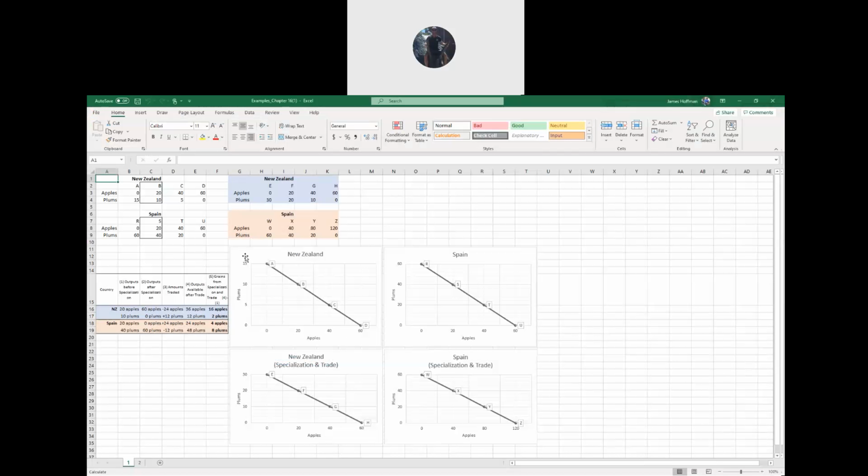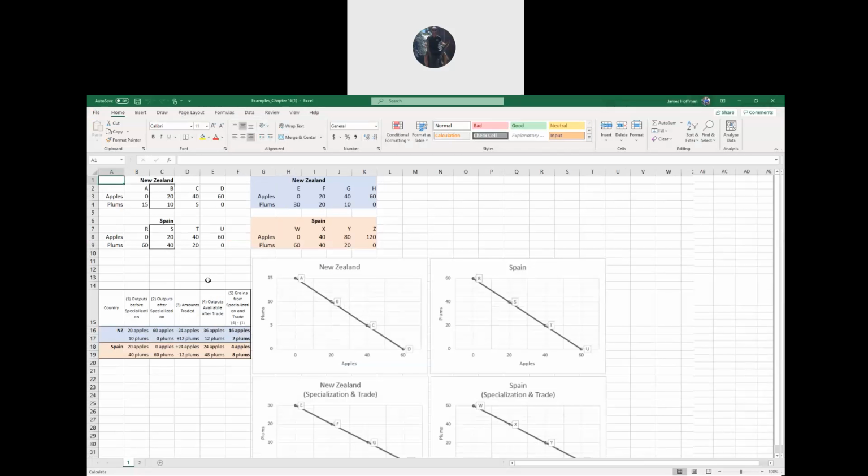Okay, so here's for question 1. All right, this is on Blackboard. Okay, so all I did here, if you want to do this in Excel, you can use this. I just put them in like this. So here's points A, B, C, and D for New Zealand. Okay, and here's points R, S, T, and U for Spain.